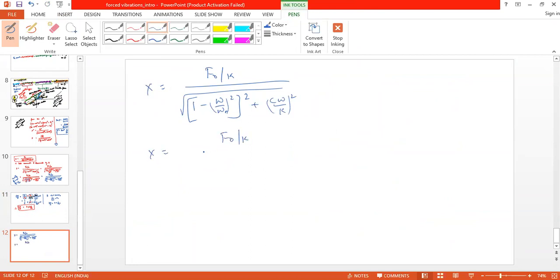So x is equal to f naught by k divided by root of 1 minus omega by omega n whole square plus 2 zeta omega by omega n whole square. Any doubt? No, sir.